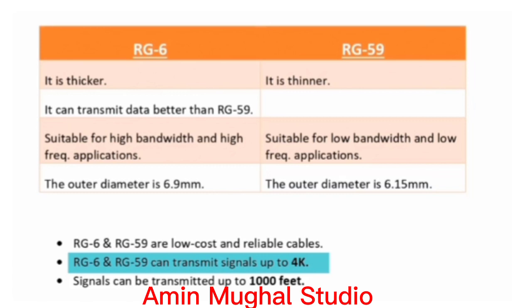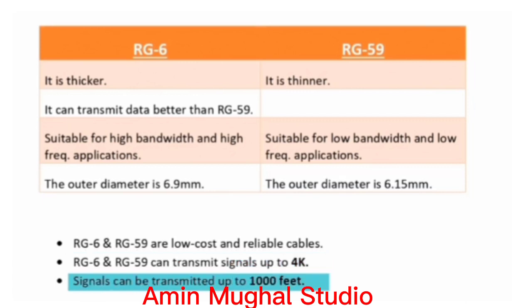With RG59 and RG6 you can transmit video signals up to 4K resolution, and without any distortion you can transmit data up to 1000 feet, which means your video will not be blurred for you.